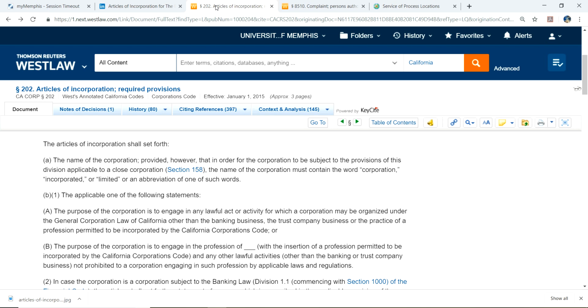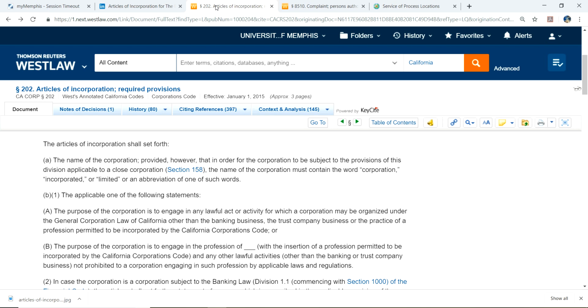The Articles of Incorporation shall set forth under Section 202, Section A, the name of the corporation, provided however, that if it is a closed corporation, the name must contain the word corporation, incorporated, limited, or an abbreviation.